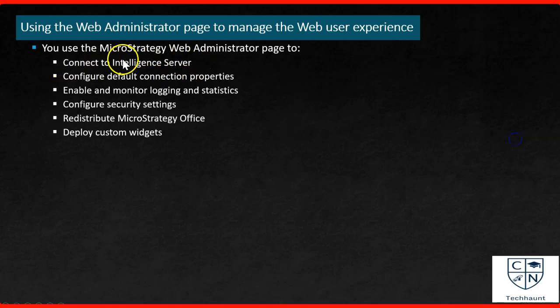To connect your intelligence server, you have to log into the admin.aspx page of MicroStrategy, and configure your intelligence server in your web page to make your web server available so that your users can execute reports and create dossier documents from the web only, and your web server will get the results from your intelligence server. You can configure the default connection properties, enable and monitor logging, configure security, distribute MicroStrategy Office, and deploy custom widgets.